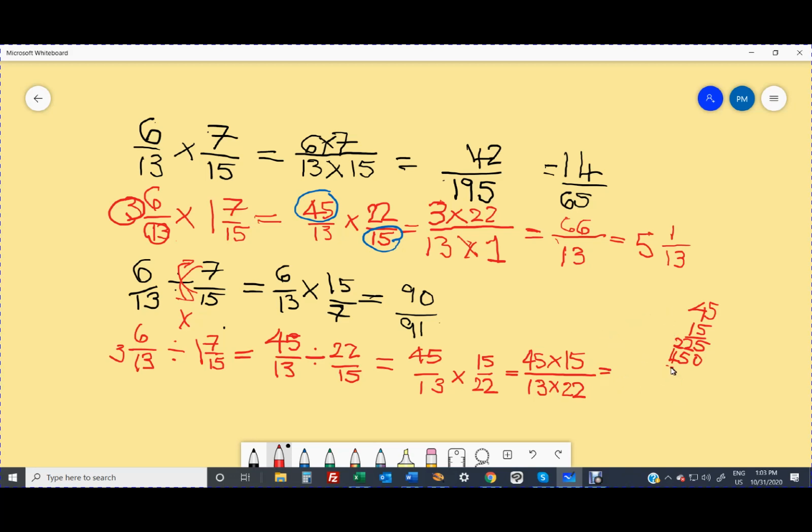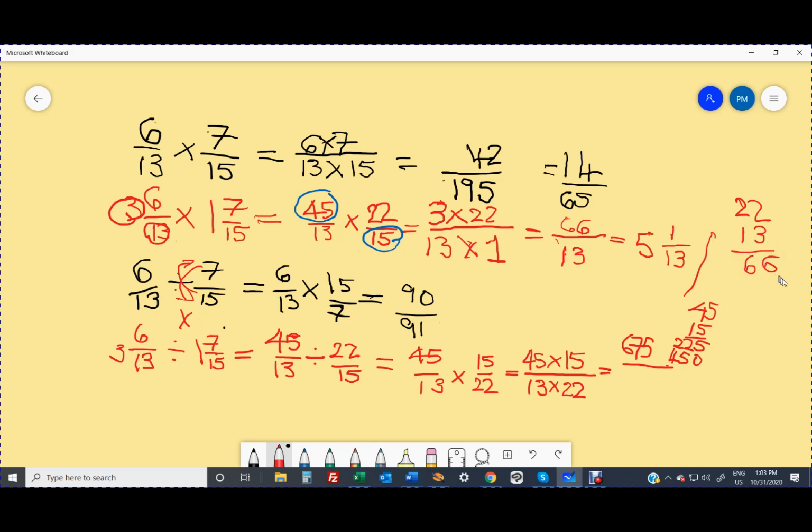Let's do our line again. 675, and it's divided by 13 times 22. Let's do it again over here. 22 times 13. 3, 2, 6.